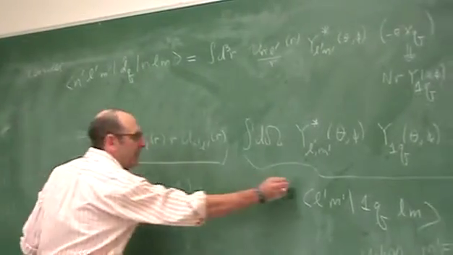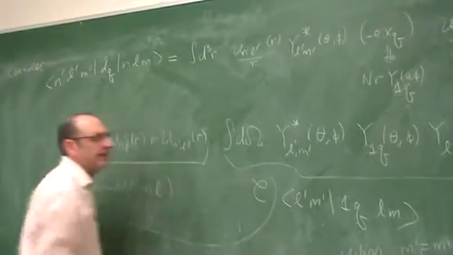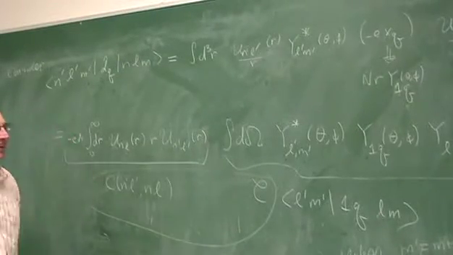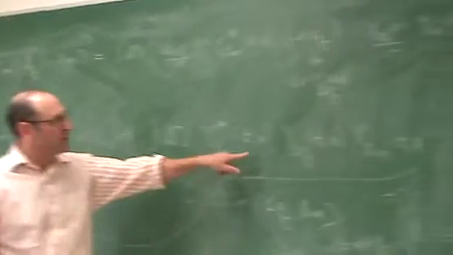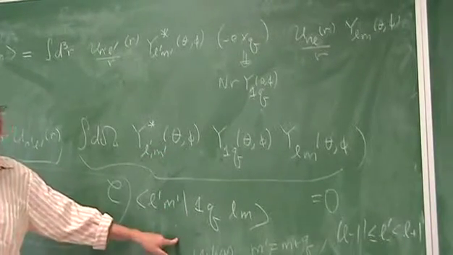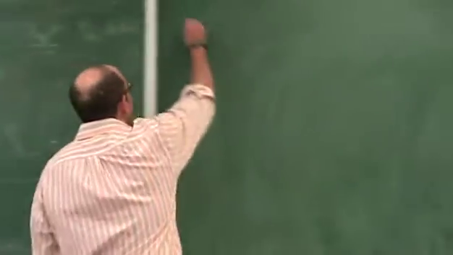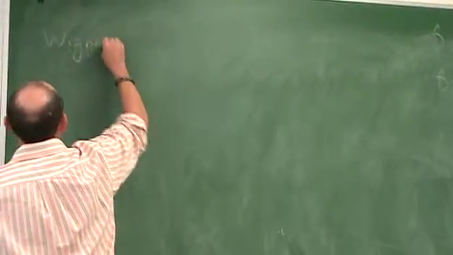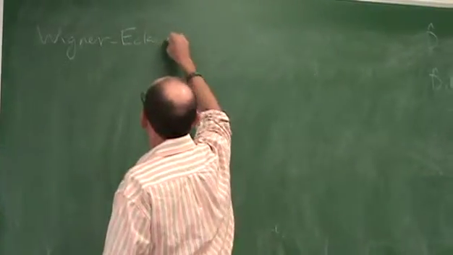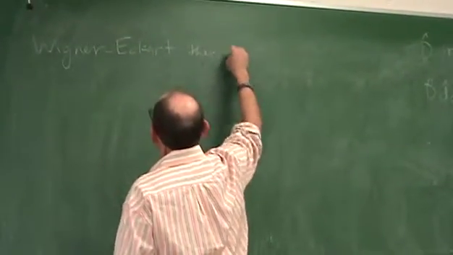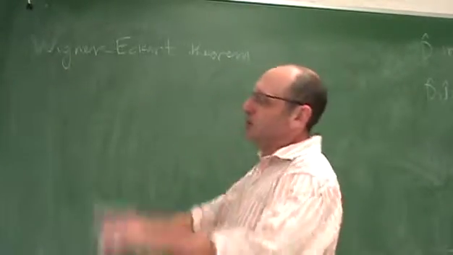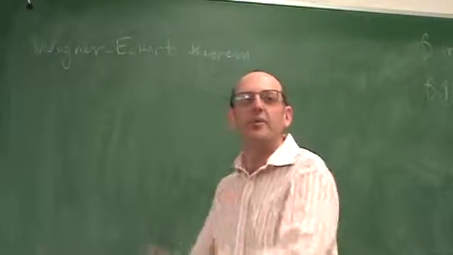One piece that depends only on, in some sense, the magnitude of things, and another piece that has to do with the directions in space, which is a Clebsch-Gordan coefficient. We generalize this to what's known as the Wigner-Eckhart theorem, which can be proven, but I'm not going to do it.